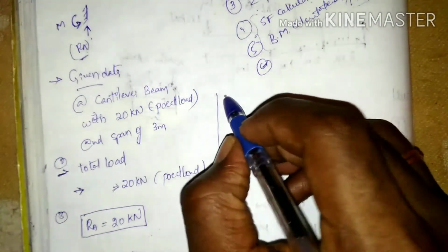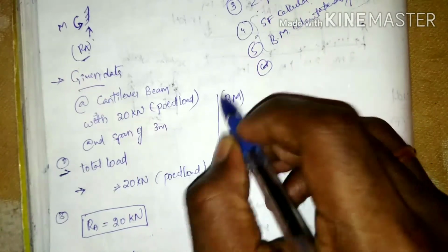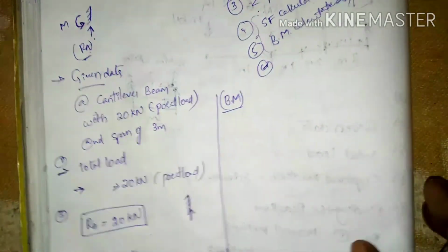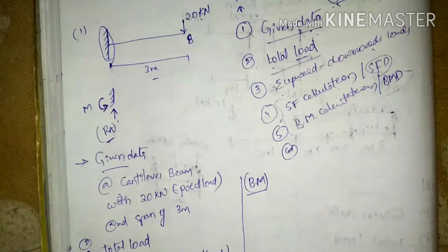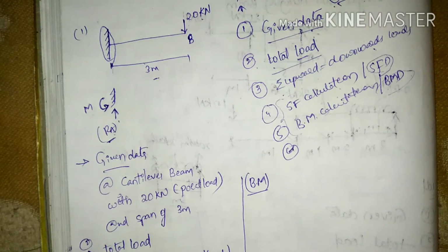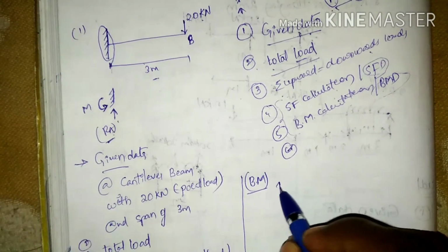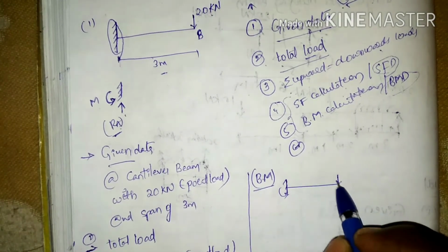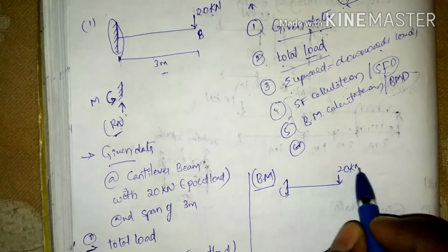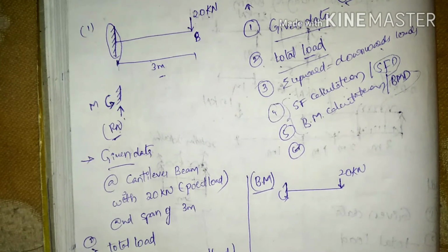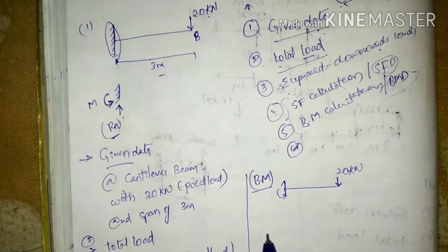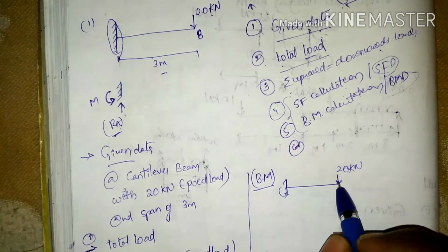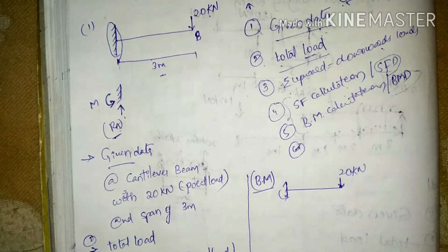Next, bending moment calculations. Here we have a moment only at the fixed support. We don't find any other moments.